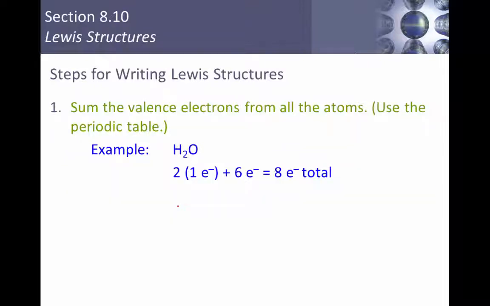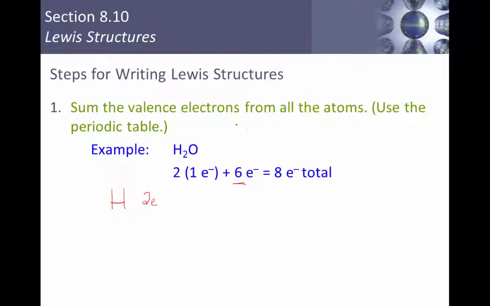So here's water. We're using water. Now this isn't necessarily the best one to start with, but it works. So we've got hydrogen, and hydrogen has 1 valence electron, but there's 2 atoms of hydrogen, so we're dealing with 2 valence electrons there, and then oxygen has 6 valence electrons.